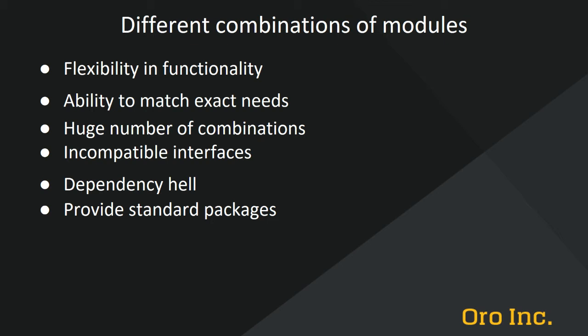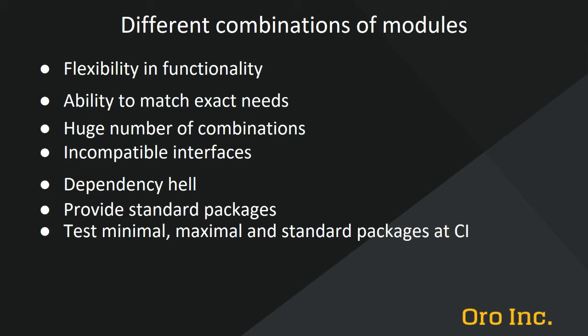It will save you lots of time when you are testing and doing support, because you will know exactly the list of components you're working with, and what kinds of issues you can find there. You can also test these standard packages, but you also have to test the minimal and maximum combinations, because there will be people who try to make it the biggest possible and the smallest possible.